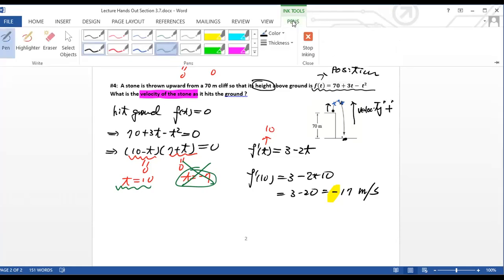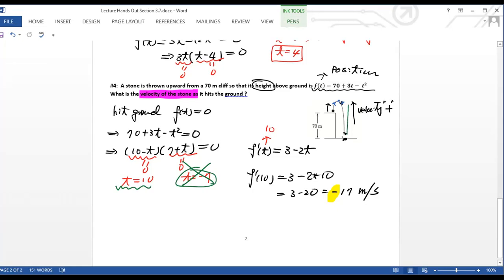Then when the particle starts going down, in this direction, the velocity is negative. So when you're throwing something into the sky and it comes back, if you see a negative velocity function, that means this particle is traveling downward.